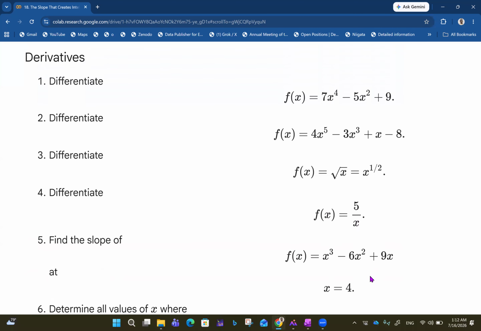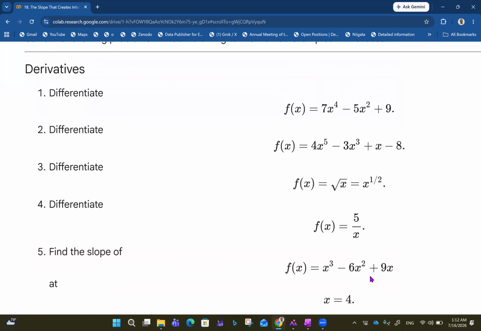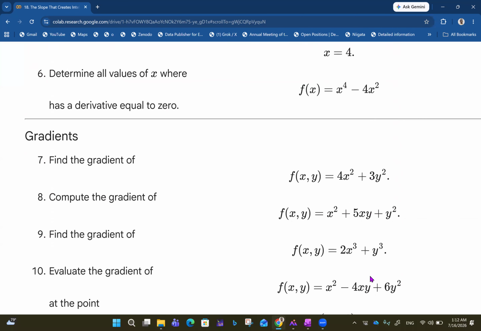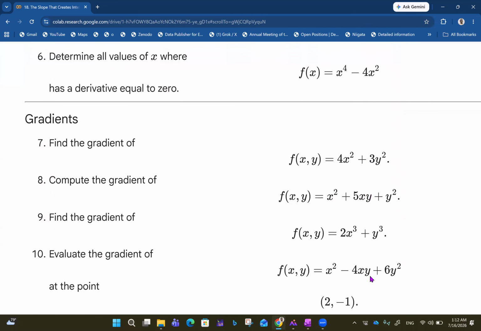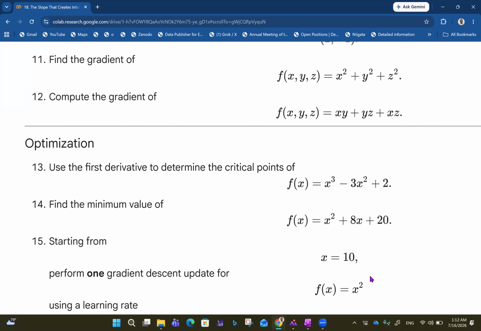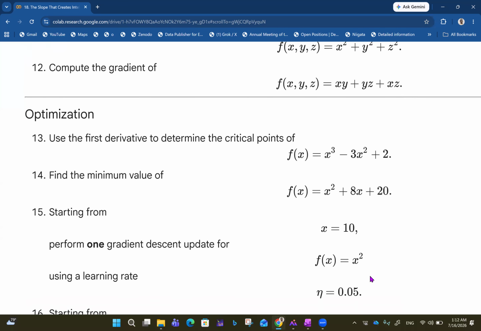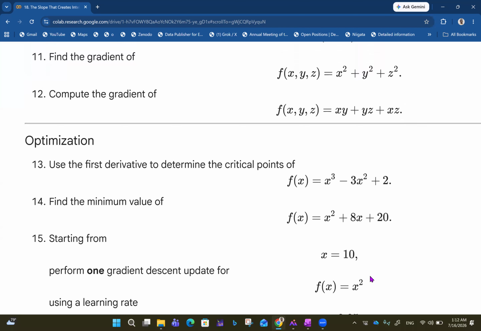So you can see problems 1 to 5 here, then 6 to 10 right here. Then we have 11 to 14, all of that here.